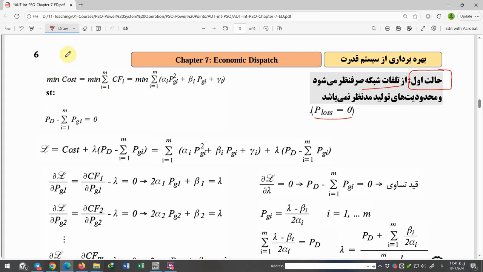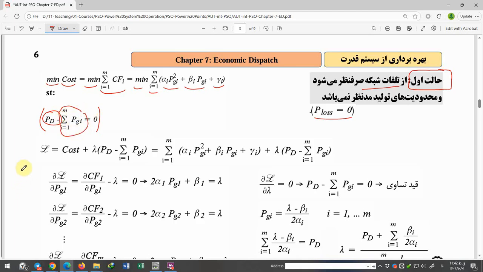So we want to minimize the cost, or minimize the sigma CFi, or minimize the sigma of alpha p squared plus beta p plus gamma for each generator, summing all the costs of generators. And only one constraint remains, that is balancing of demand and all of generation.